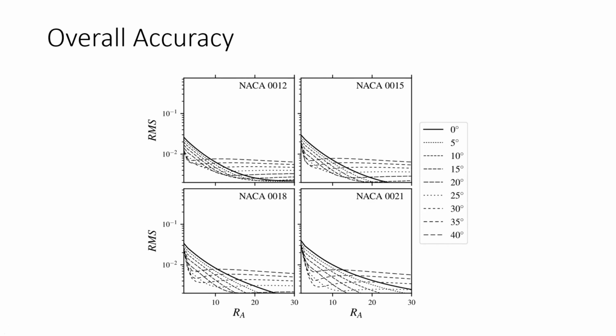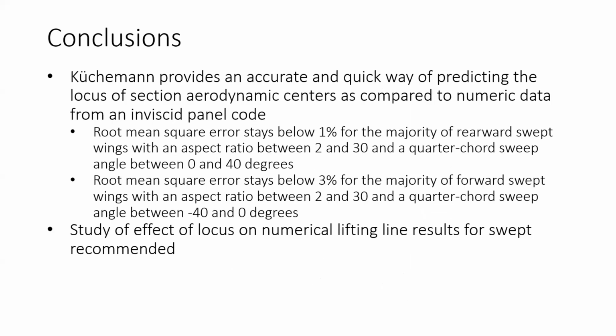So in the order of magnitude of accuracy of lifting line, this is pretty good. So the conclusion of that is that Kuckerman's solution is pretty accurate, and it's a quick way of predicting the locus of section aerodynamic centers compared to our numerical data from Panair. So like I said, it stayed below 1% for majority of rearward swept wings. I didn't show you the results for forward swept wings, but it stayed below 3% there.